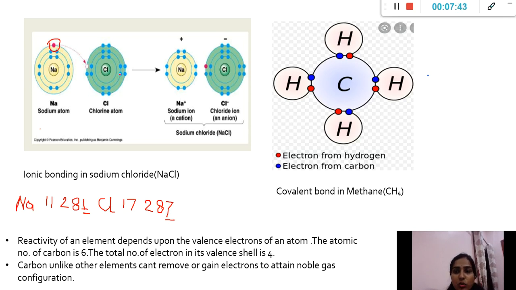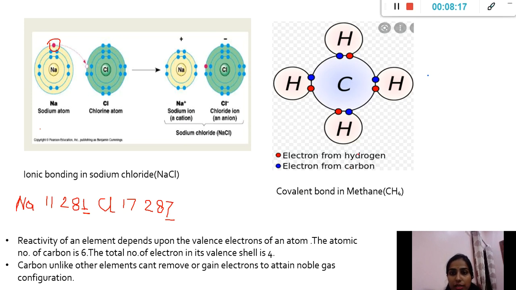In this way, two ions are formed, the sodium cation and the chloride anion. The bonding formed between these ions of opposite charges is called ionic bonding. So here is the example of sodium chloride, an ionic compound.